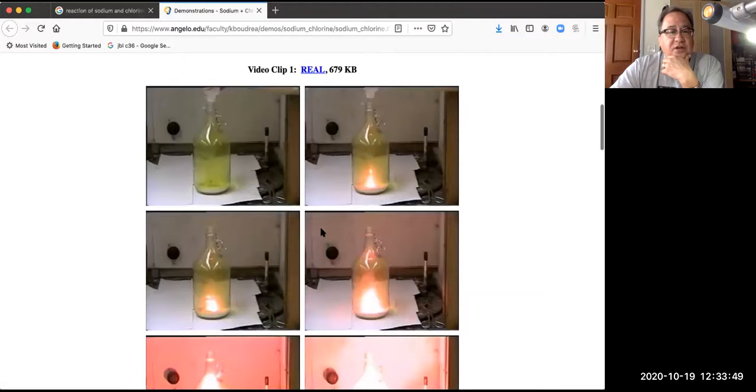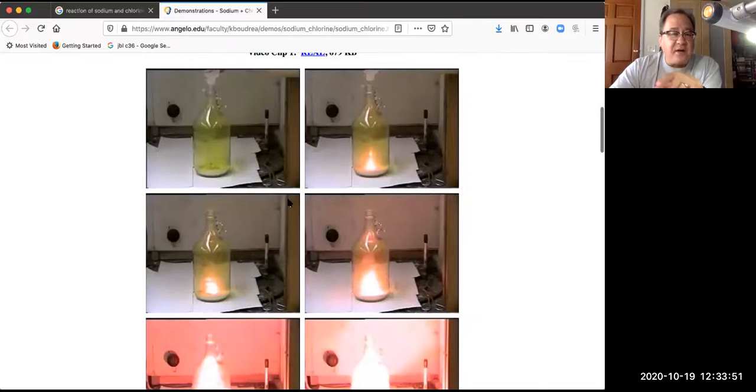Okay, so this is not a video, but inside of this container here, can everyone see the green gas inside of this container? If you can, give me a thumbs up. Okay, now through this little funnel, they're adding sodium.